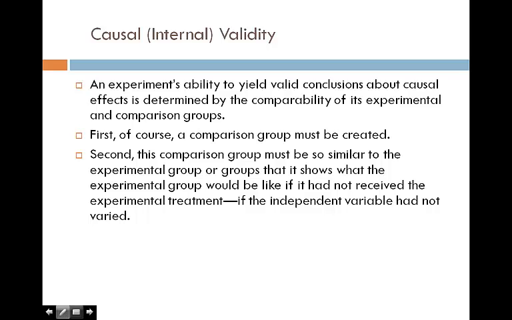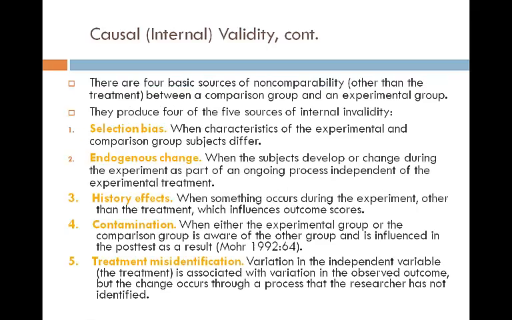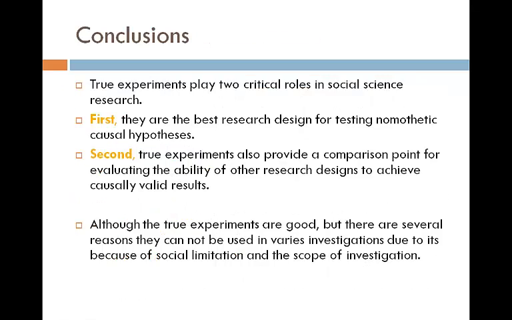Second, this comparison group must be so similar to the experimental group or groups that it shows what the experimental group would be like if it had not received the experimental treatment, if the independent variable had not varied. There are several sources of internal invalidity, like selection bias, endogenous change, history effects, contamination, and treatment misidentification, which are very important for us to read later on.